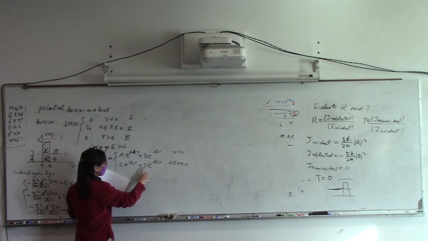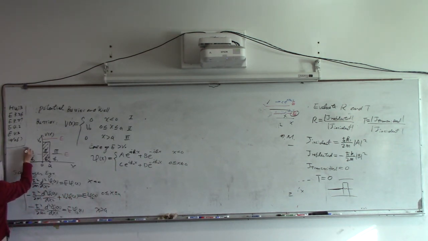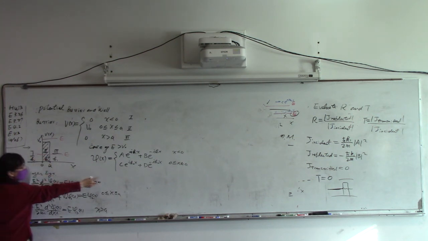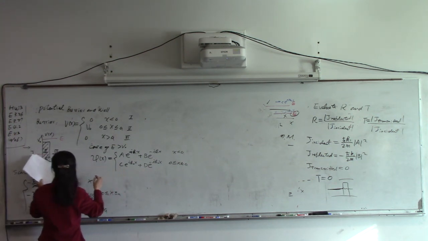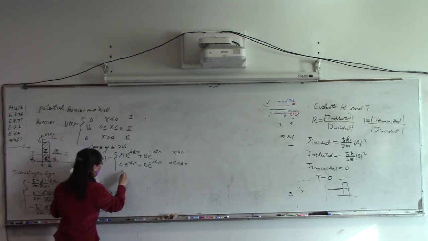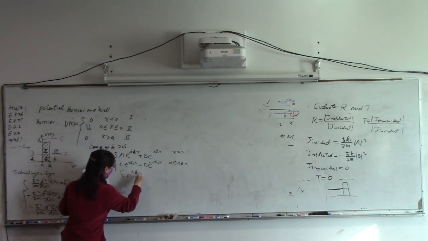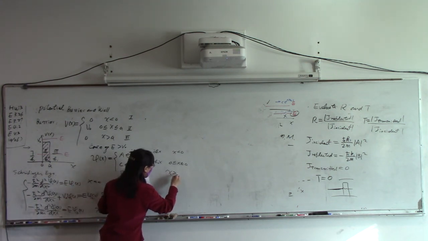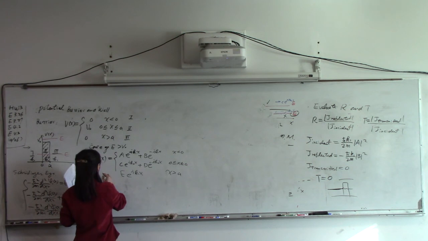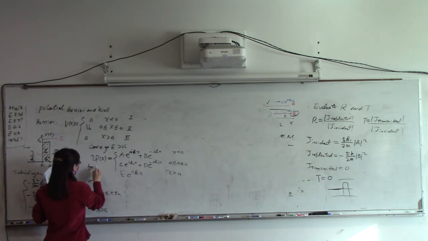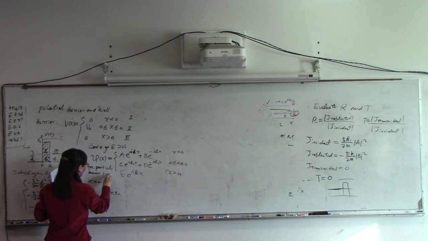Even though we consider the incident particle coming to here, partially reflected, partially transmitted, and then at the second boundary there is also a reflection. So we need to consider this term. But in region 3, we only consider this one. Okay, so the solution is for a particle moving from left to right.